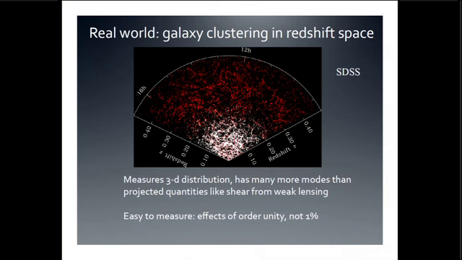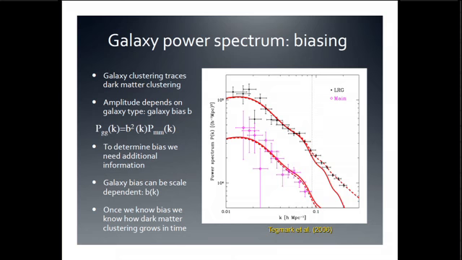We measure, for example, the amplitude of the clustering power spectrum of normal galaxies or of red galaxies, and we see that they are very different. There's a factor of 4 difference here. The reason is that there's a biasing in there. Galaxies are not tracing dark matter perfectly. They are tracing the dark matter up to a constant, or maybe it's not even a constant, maybe it's a function of scale. We call this bias.